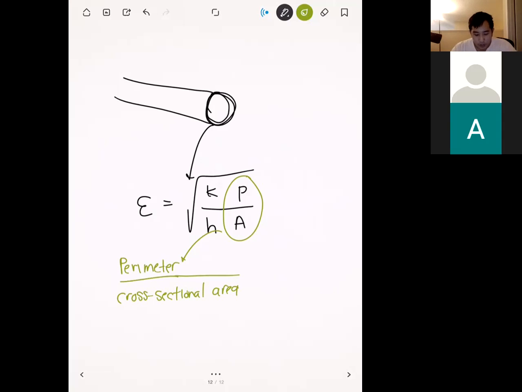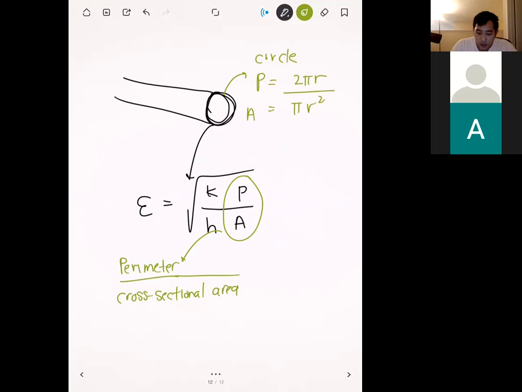What this tells you is that, because the effectiveness is like this, if you increase this ratio, so you change the shape such that you have a higher perimeter relative to the cross-sectional area, that's going to lead to a more effective fin, right? Because right now with the circle, the perimeter is 2 pi r, and the area is pi r squared, okay?